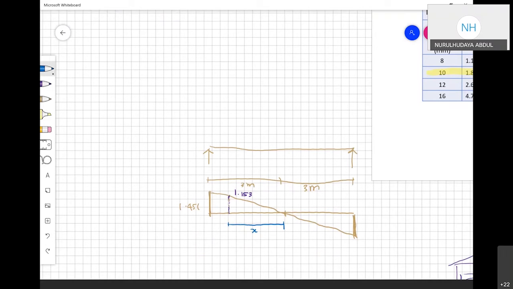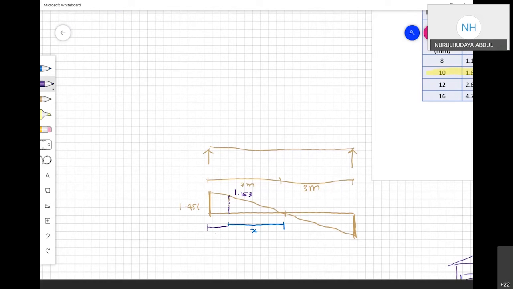Sebab nanti sepanjang value X ni, kat situ je dia punya link adalah 275 mm center to center size R10. Okay. Balance ni nanti yang dekat sini akan jadi design link. Ini design link, ini nominal link. Okay. So X, panjang X ni yang kita nak tahu berapa.